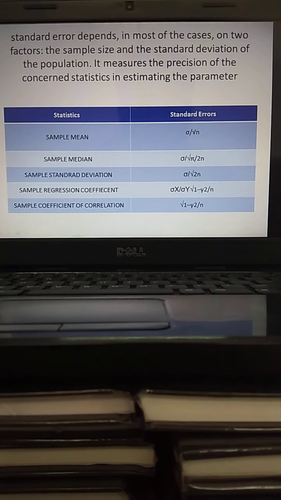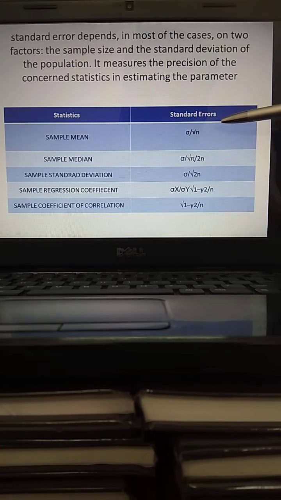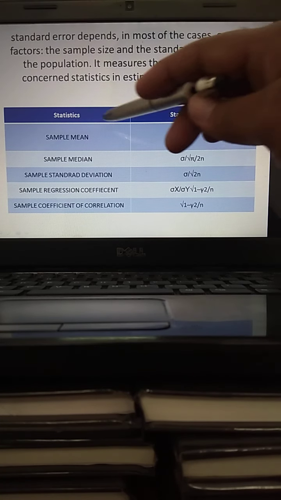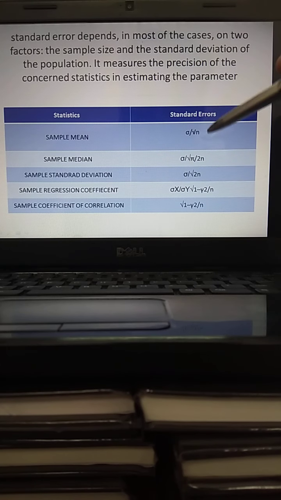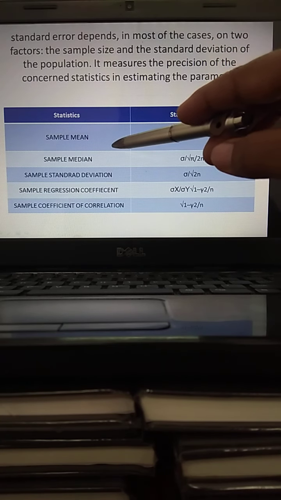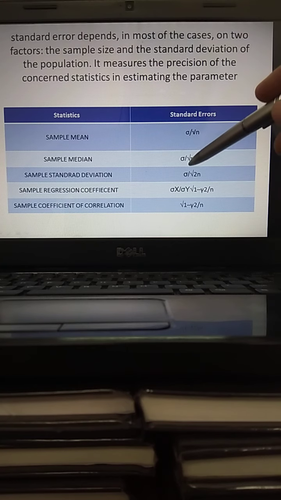If you observe, all these are standard error formulas. What is the standard error formula for the sample mean? Sigma by root n, the standard deviation by root n, where small n means the sample size. What is the standard error formula for the sample median?